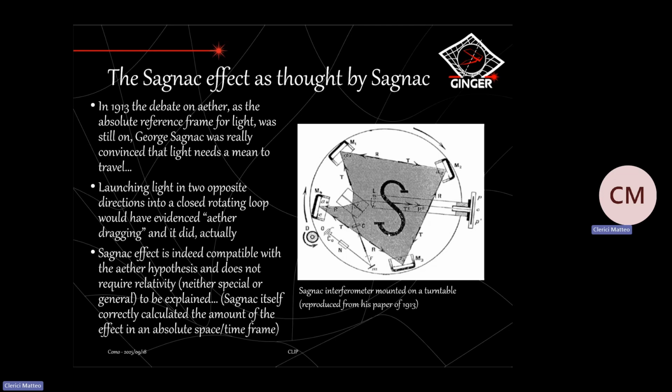What he actually found was a difference in the path, but this is not dragging; it's just because the time of flight of the photons inside the ring depends on whether the table is rotating, and on the direction you go.